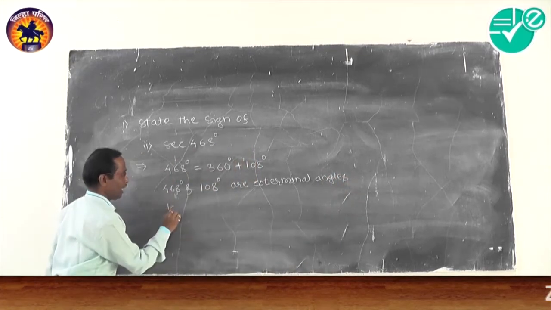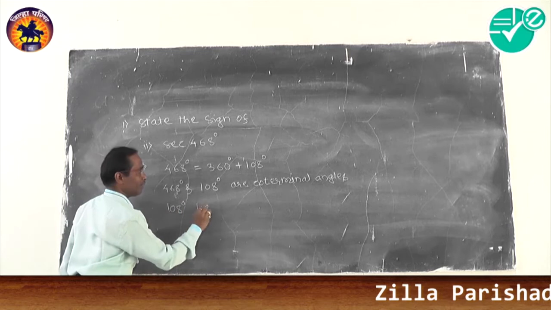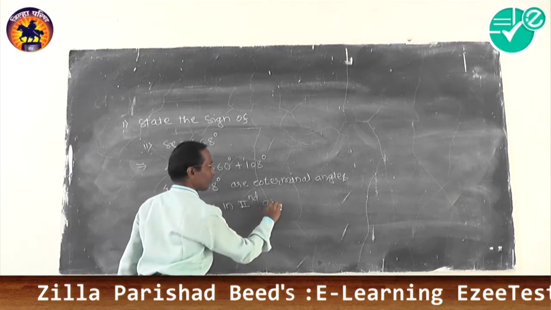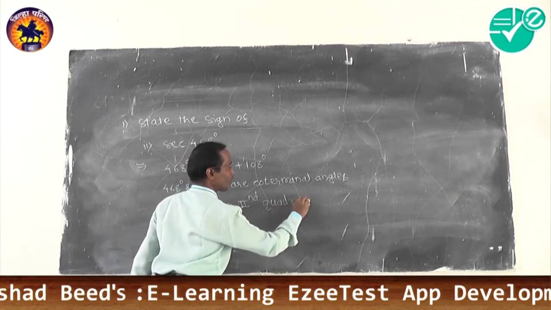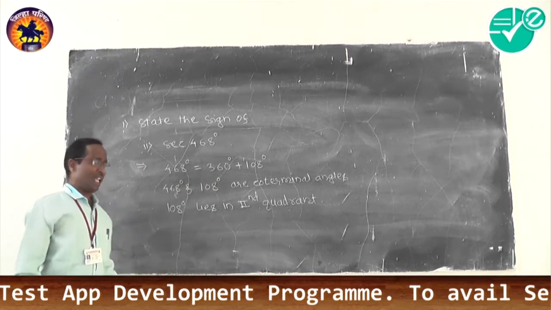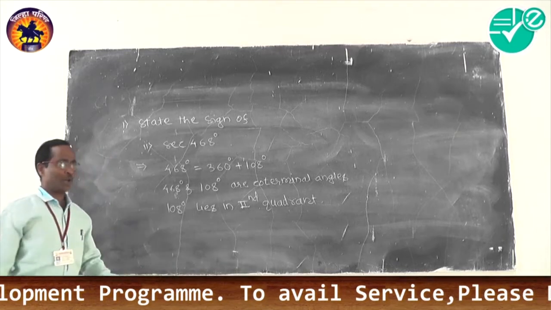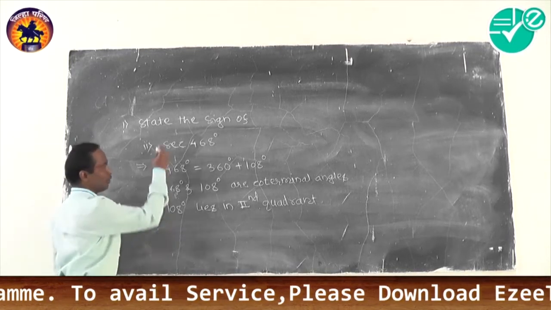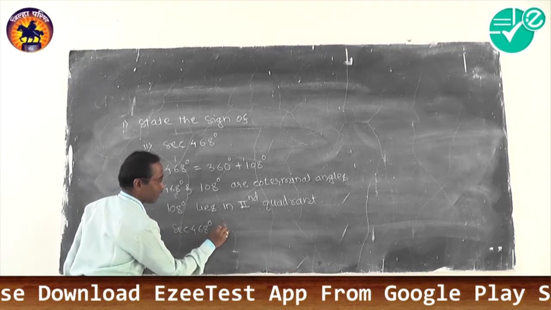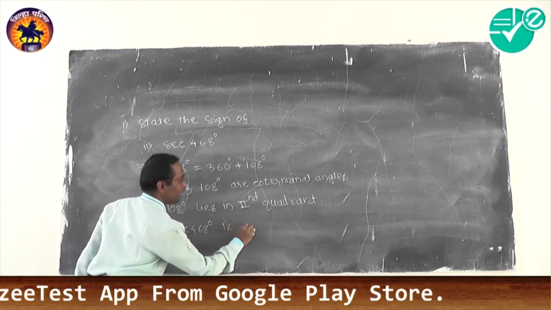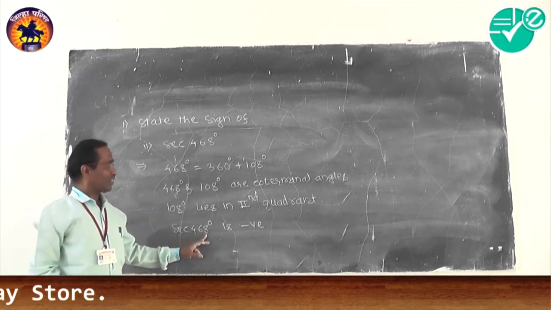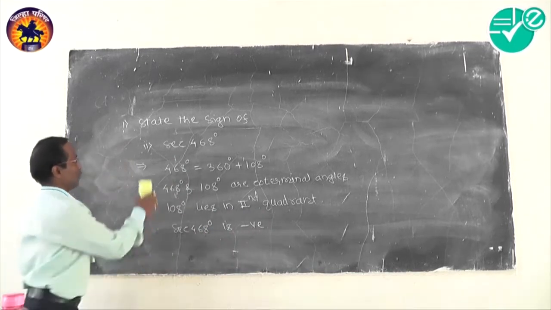And 108 degree lies in second quadrant. In second quadrant, sine and cosec are positive and the rest of the trigonometric functions are negative. Means sec 468 degree is negative. So the sign of sec 468 degree is negative.